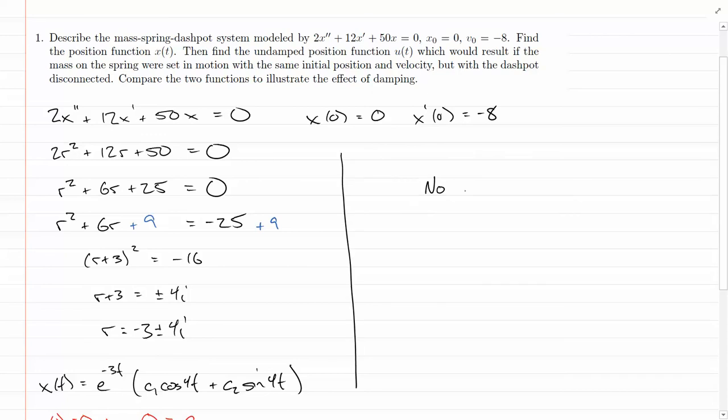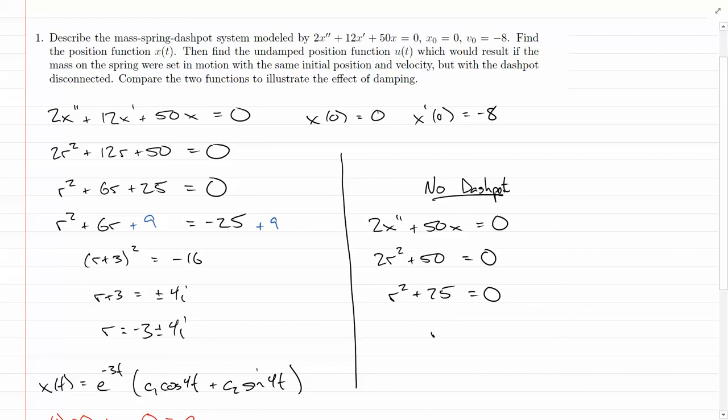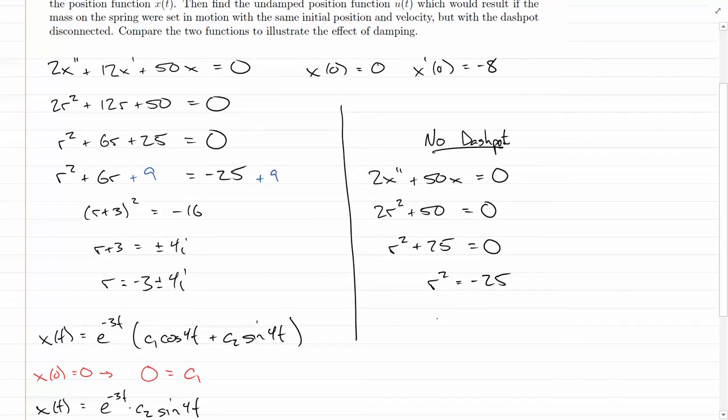With no dash pot, the equation looks like this: 2x double prime plus 50x equals 0. So my characteristic equation is 2r squared plus 50 equals 0. I could divide both sides by 2. That means r squared would be -25, and so r would be plus or minus 5i.